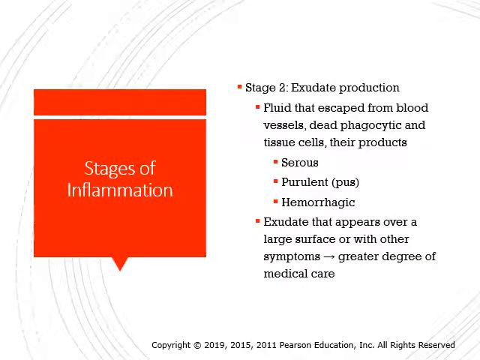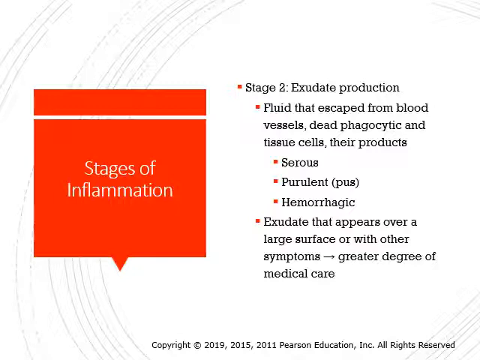Stage 2 of the inflammation process is exudate production. The fluid that escaped from the blood vessels, as we talked about in stage 1, and the dead phagocytic and tissue cells mix and form a fluid that's either serous, which is a thin, watery, clear, or sometimes pale yellow fluid, purulent, which is pus-like, or hemorrhagic, which is typically not frank bleeding but blood tinged.